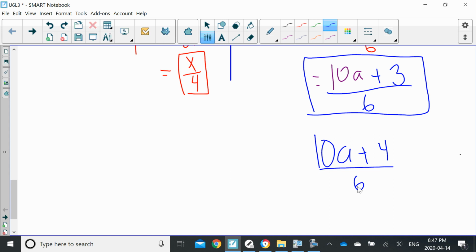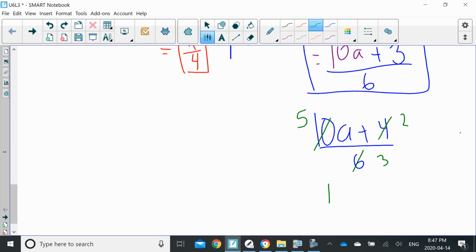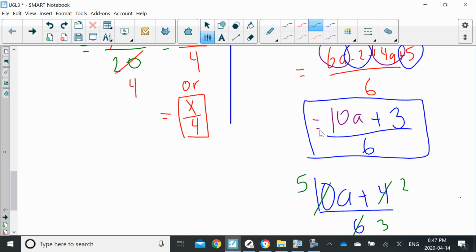You could look at the 10, the 4, and the 6 and say, oh, I could pull a 2 out of all of this. I could divide everything by 2. 10 divided by 2 is 5, 4 divided by 2 is 2, and 6 divided by 2 is 3. So that answer would be 5a plus 2 over 3. But again, for 2B, there's nothing that can be pulled out of here except a 1. So I would keep that answer exactly as is.